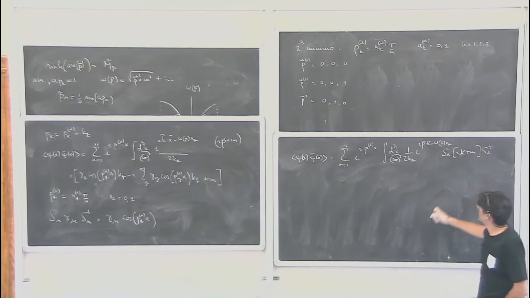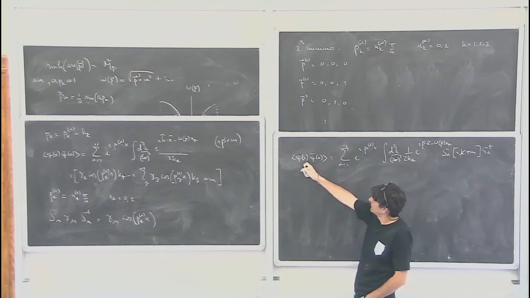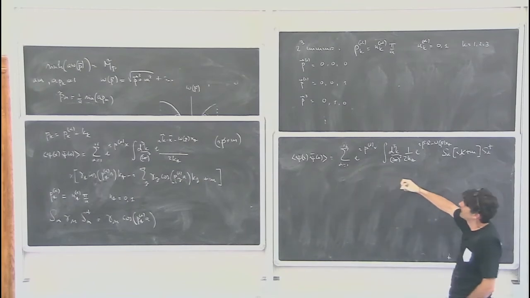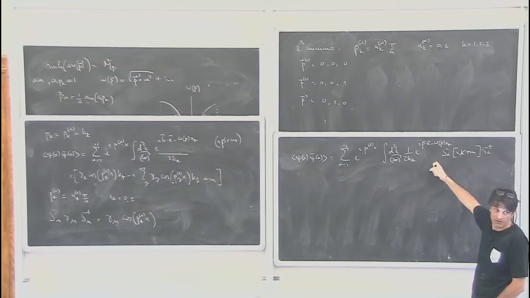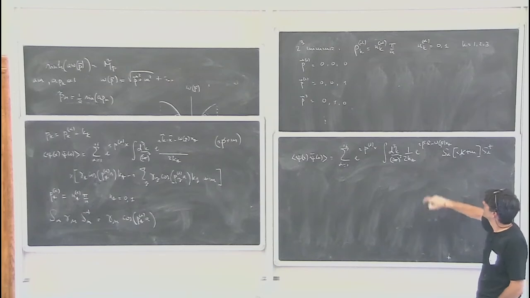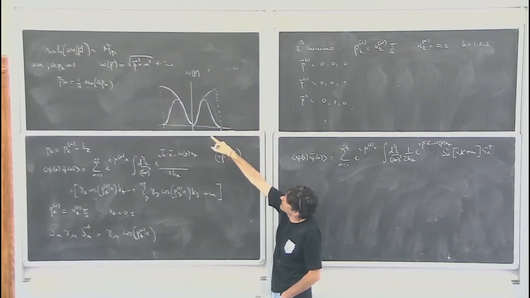Okay? But really the bottom line is that if you look at the two-point function psi bar, the two-point function corresponds to a theory where in the spectrum you've got 16 states. Okay? And they all have energy omega p, which is given by this equation up there.